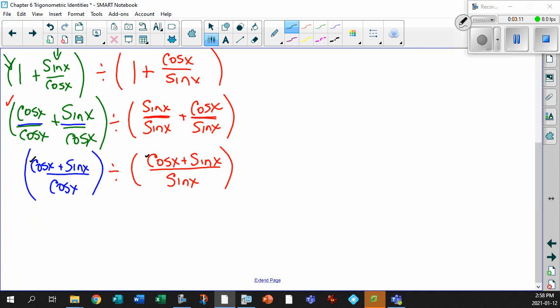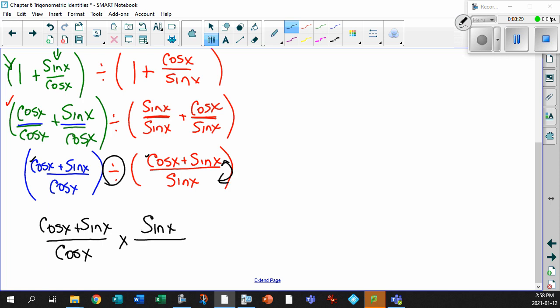Now take this idea of reciprocal and multiply. Watch what happens. There's your cos x plus sine x over cos x. You with me? Multiply now, right? The reciprocal of this. Watch this. You have sine x over cos x plus sine x. Do you see what I see? I do.